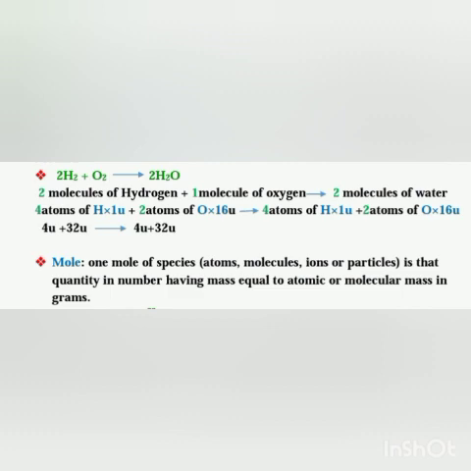How? Because 4 atoms of hydrogen are there in water and the atomic mass of one hydrogen is 1 unit. So the molecular mass of 4 will be 4 atoms into 1 unit plus 2 atoms of oxygen into 16 units, because there are 2 atoms of oxygen and one oxygen atomic mass is 16 units.